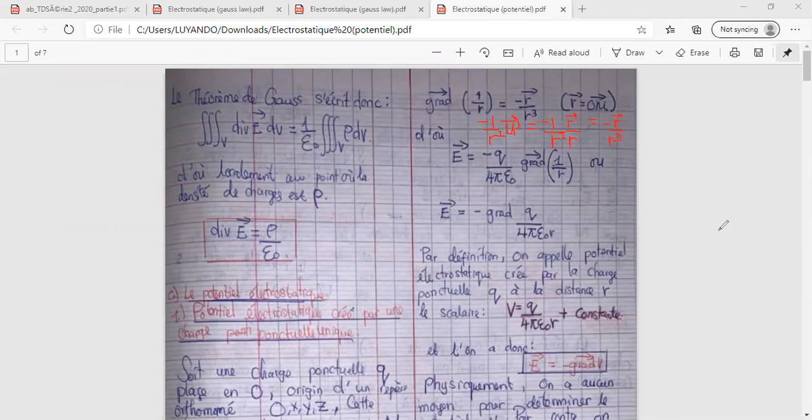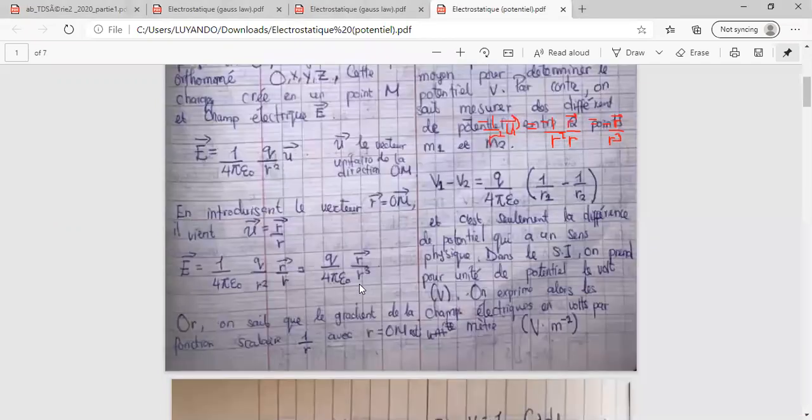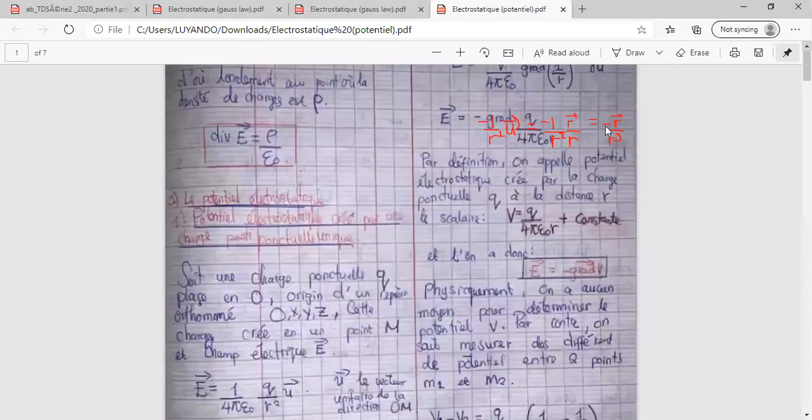In this equation, let me just go back, we said we can represent it as this, n'est-ce pas? So we found this, just that it's got a negative. So where there's the vector r over r cubed, we put our gradient of 1 over r with the negative.